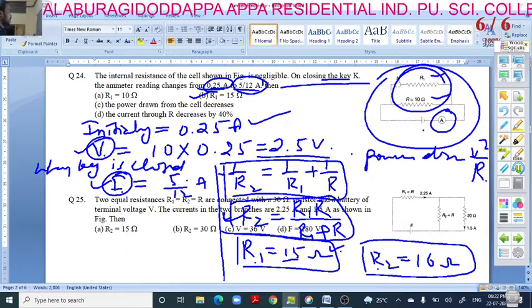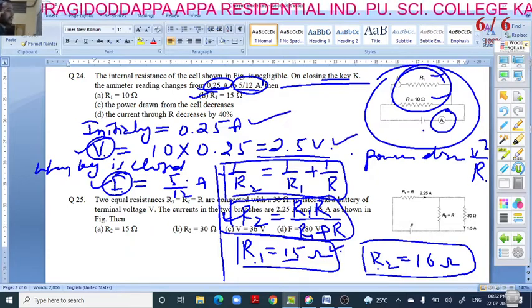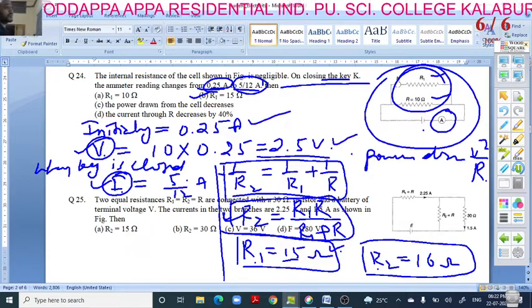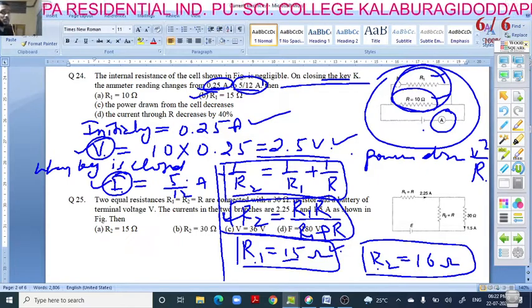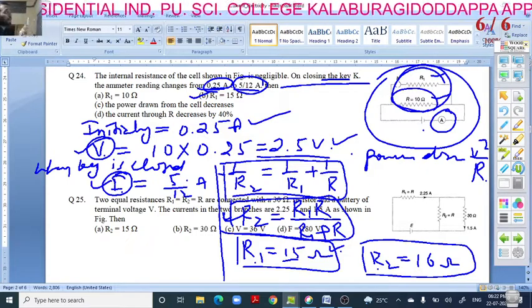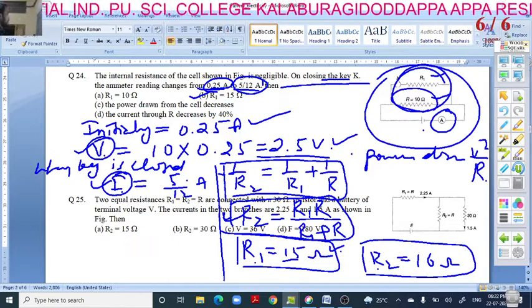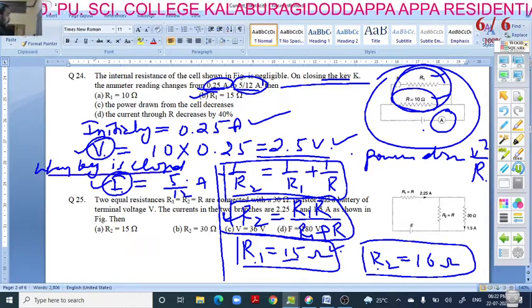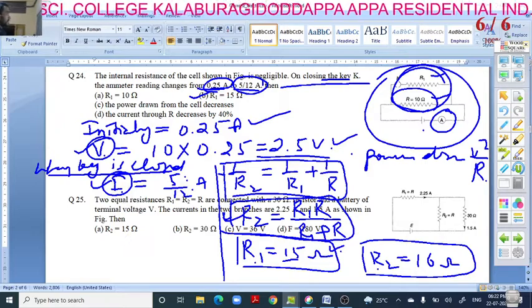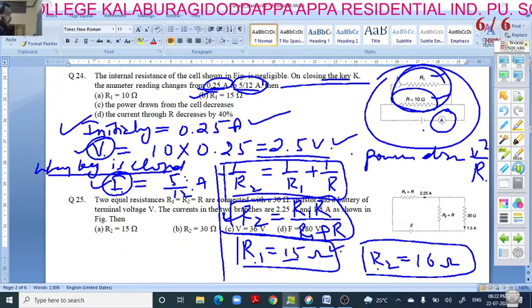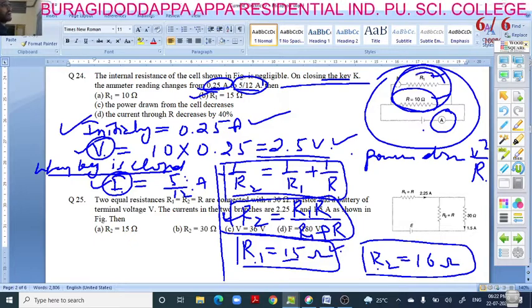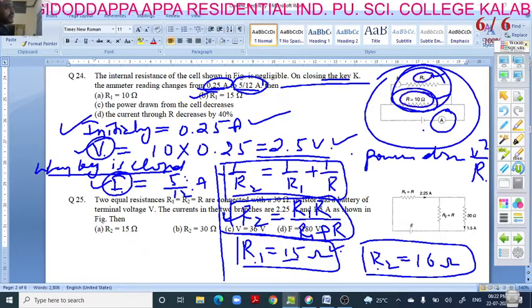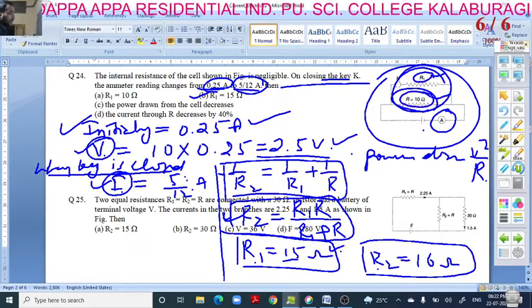This is the initial current and this is the terminal voltage we have taken, and when the key is closed, current falls from 0.25 to 5/12. So when the key is closed, I is equal to 5/12. Effective resistance of this R1 and this R is what I have written here.